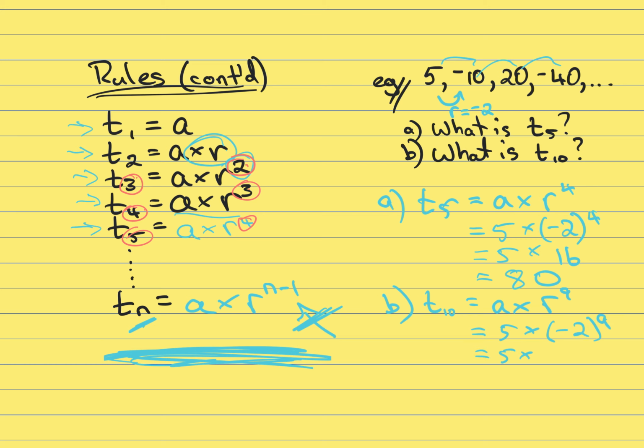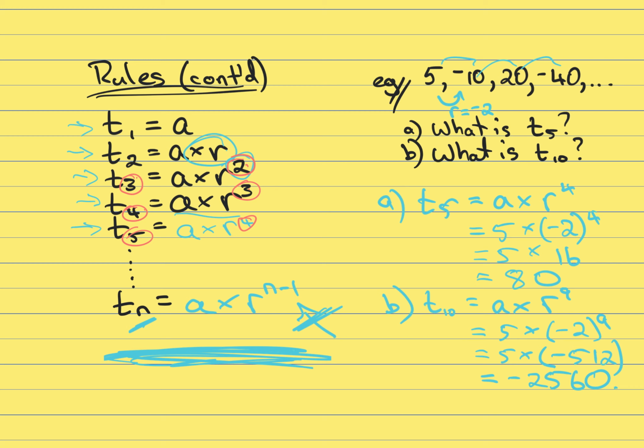Minus 2 to the 9th power is minus 512. And if we multiply that by 5, we should get minus 2,560 for our 10th term. Okay, so there we go.